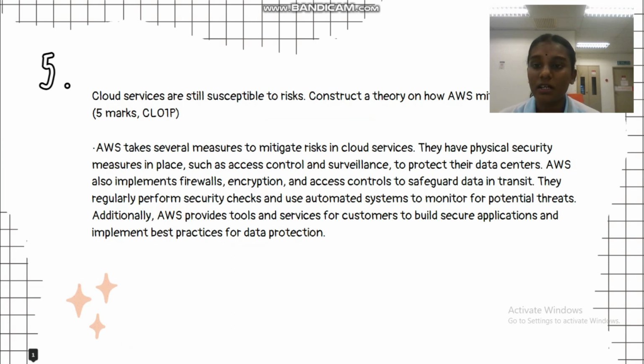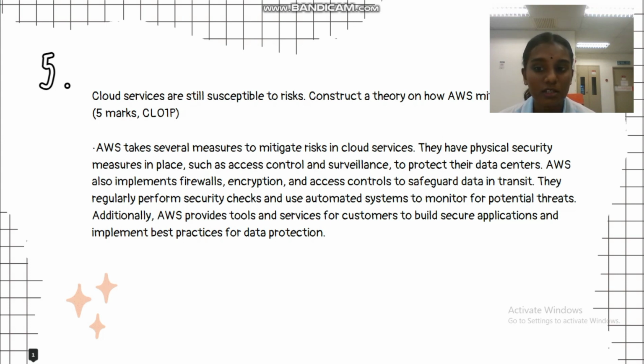So number five is, cloud services are still susceptible to risks, so we have to construct a theory on how AWS mitigates the risks. AWS takes several measures to mitigate risk in cloud services. They have physical security measures in place, such as access control and surveillance, to protect their data centers.